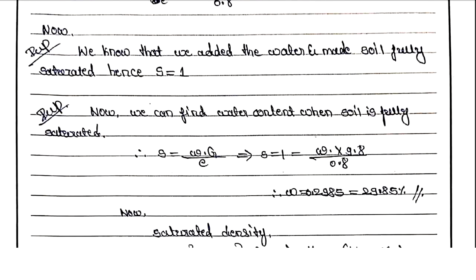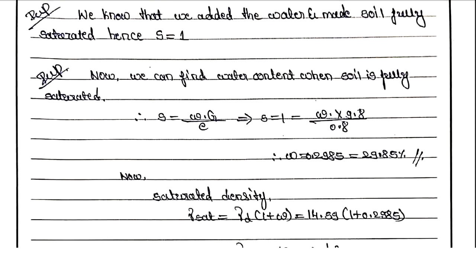So over here, now we have this relation S is equal to W into G divided by E. So W is the water content which we need to find out, into G. Here I have to substitute 2.68, so I have wrongly written over here. So try to substitute 2.68 and you can find out the answer. E is equal to 0.8.